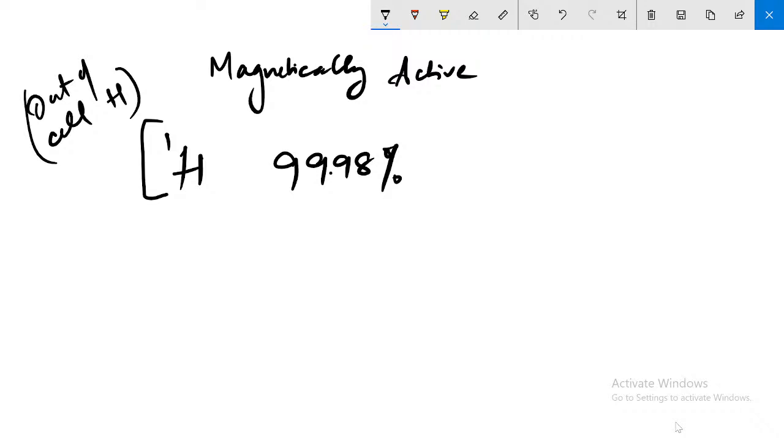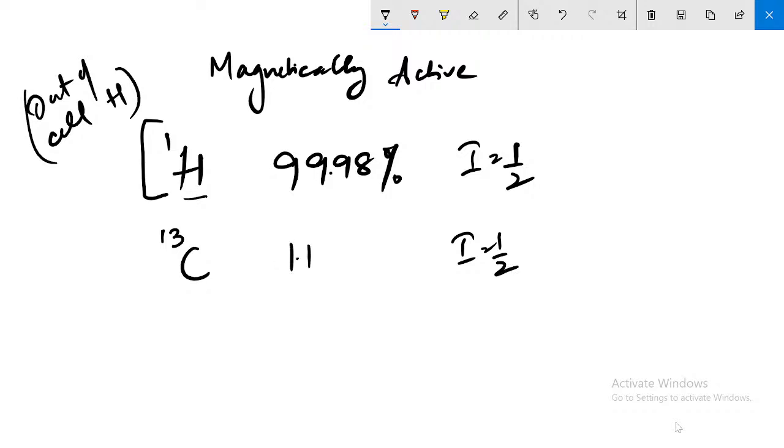And the other important parameter is the gyromagnetic ratio for this proton. We will talk about gyromagnetic ratio a little bit later. Its I value is half, and there are other magnetically active nuclei which we will study in more detail, all having I value half.